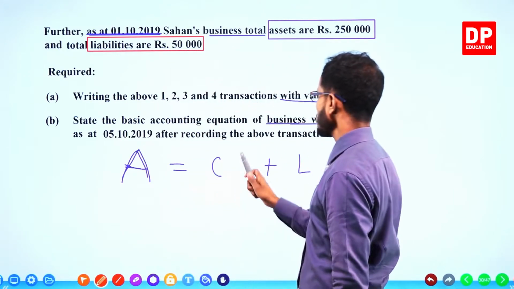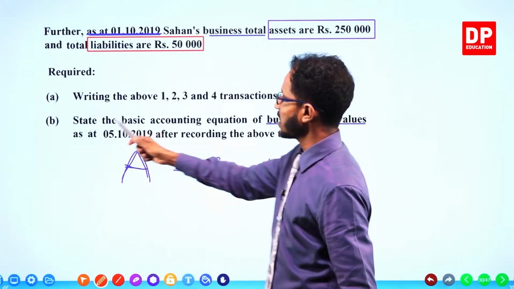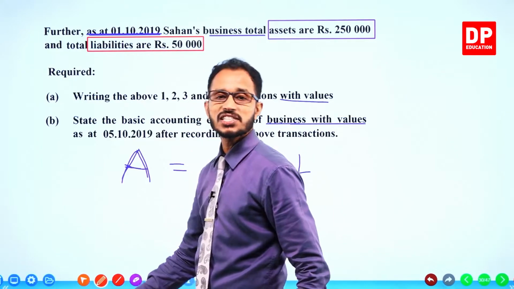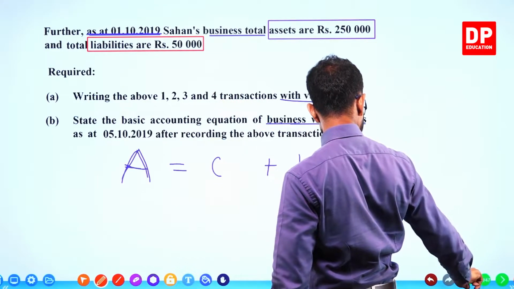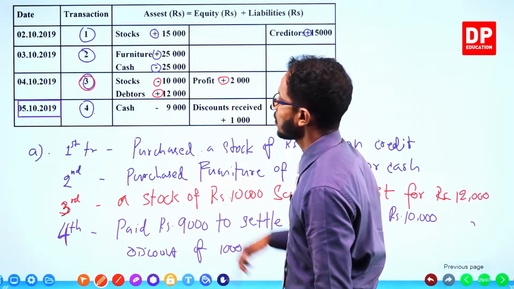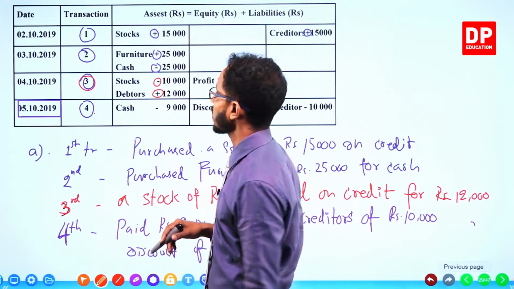We have to do the calculations, add and subtract, and take the final values of assets.